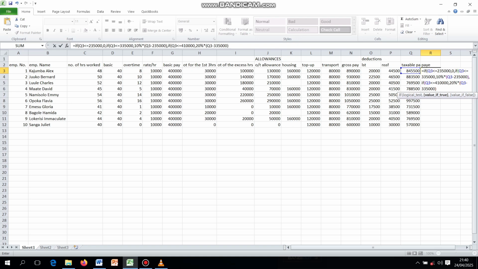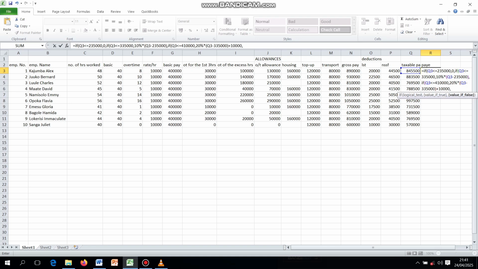I subtracted that amount because they said amount exceeding 335,000. So after that, I will add the 10,000 which was told to us, which is added to it. So I'll put the comma.